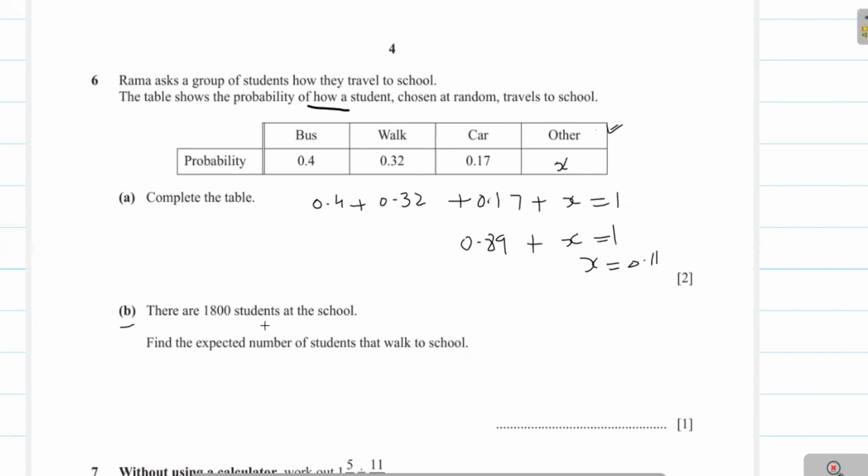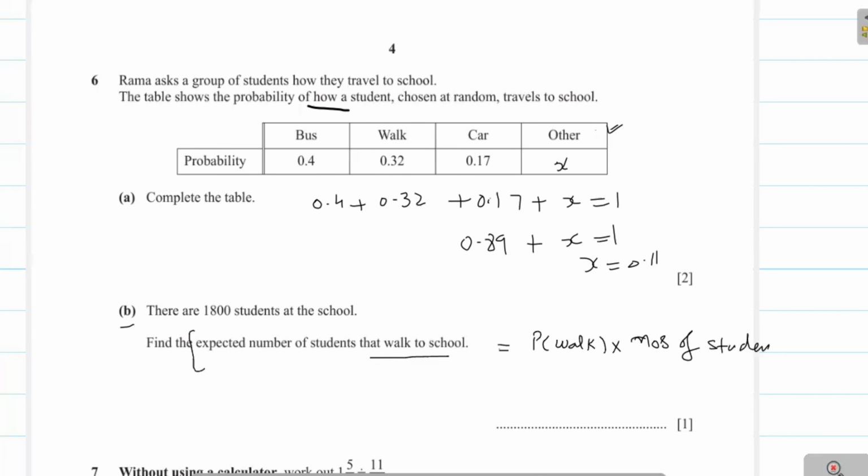Next part B. There are 1800 students at the school. Find the expected number of students who walk to school. Now, this is the expected frequency. We can calculate the expected frequency by the probability of walking multiplied by the total number of students.